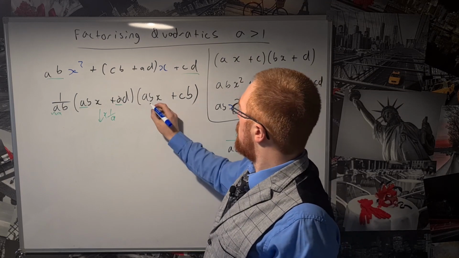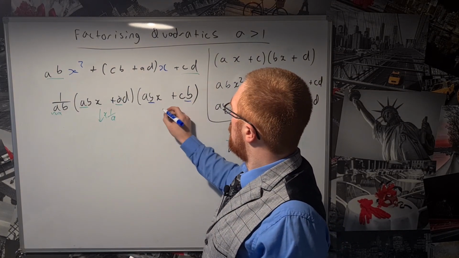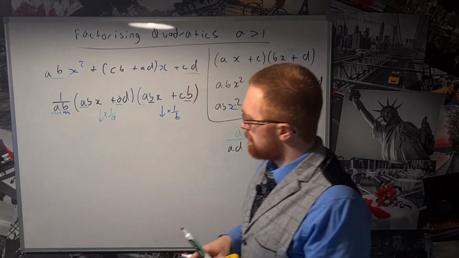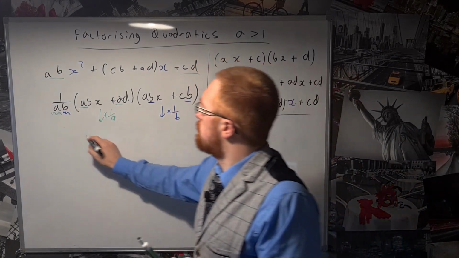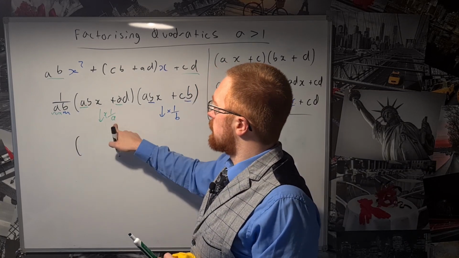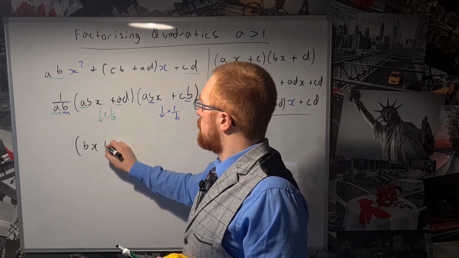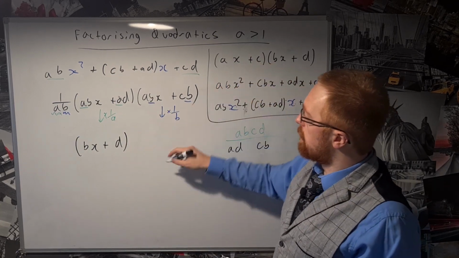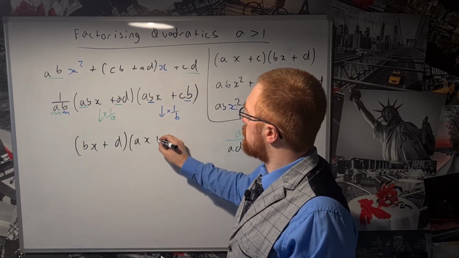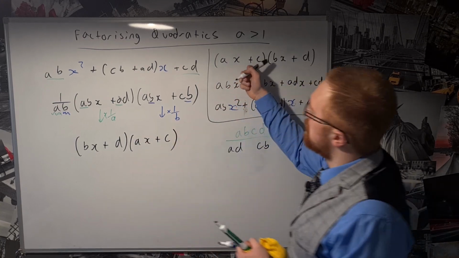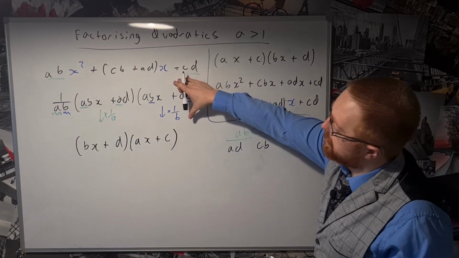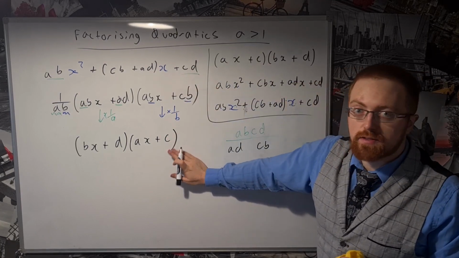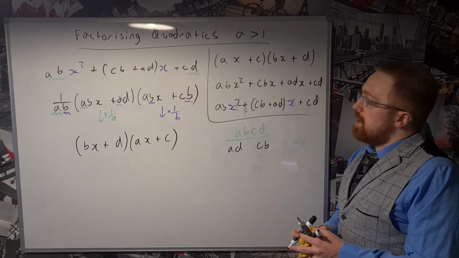Our highest common factor here is b, so we're going to times by 1 over b, which is our second number there, which falls out, well, abx divided by the a gives me bx, and then we get rid of the a to leave d, and then here we get rid of the b's, and that's ax plus c, which is exactly what we started with. Which means that this method, provided it can be factorised, should always give us the thing it factorises to.